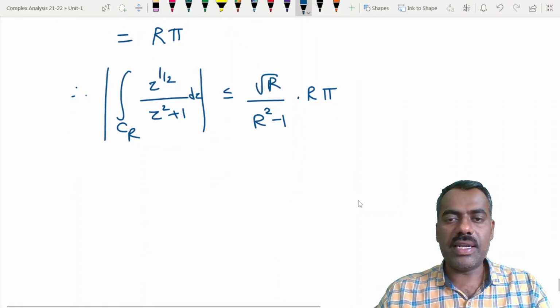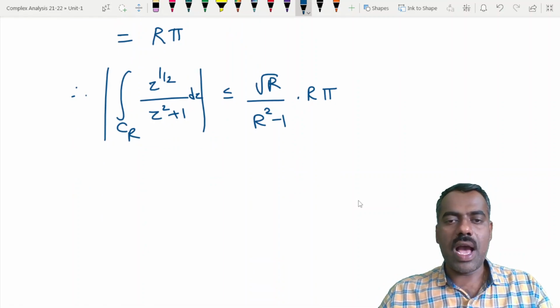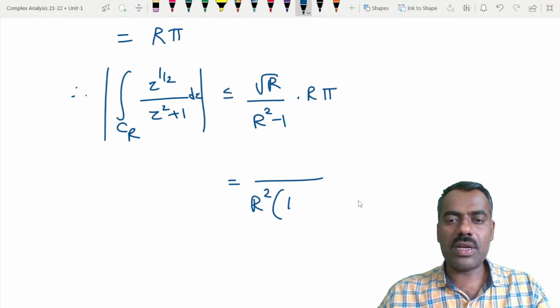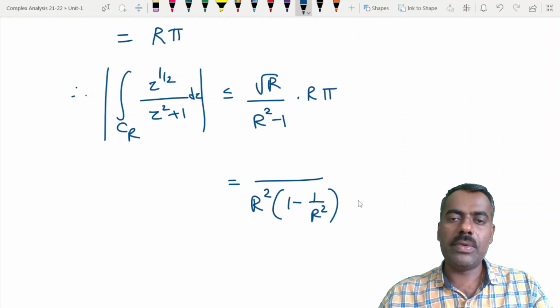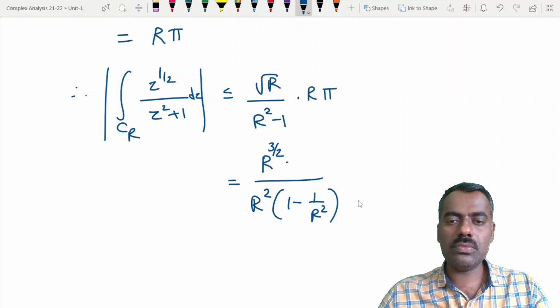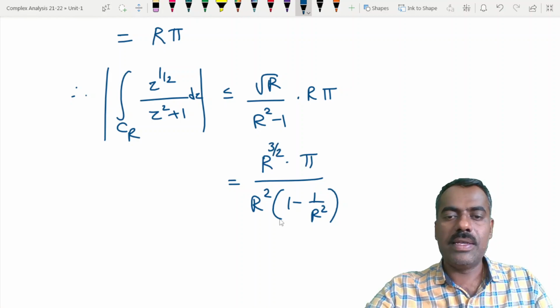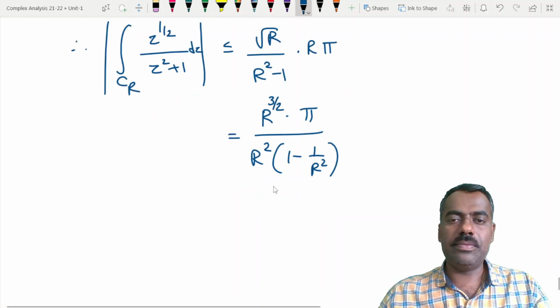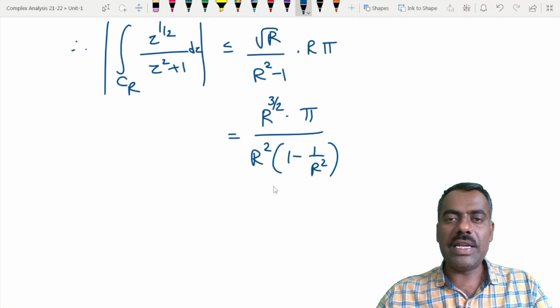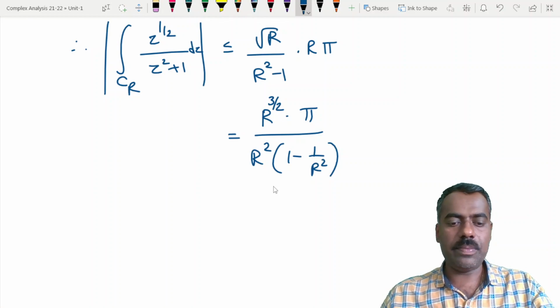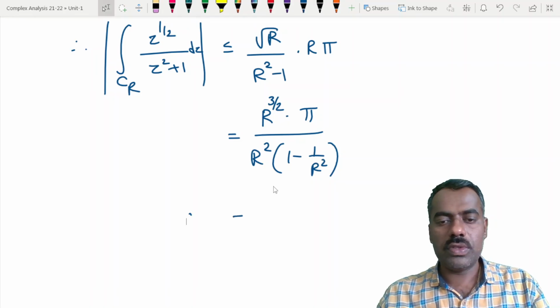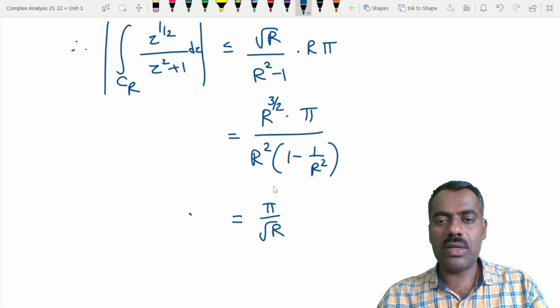Take R square common, so it is 1 minus 1 by R square. Here I can write this as R power 3 by 2 into pi. Now take the limit as R tending to infinity. This is the same as pi upon root R, because R root R is not there.